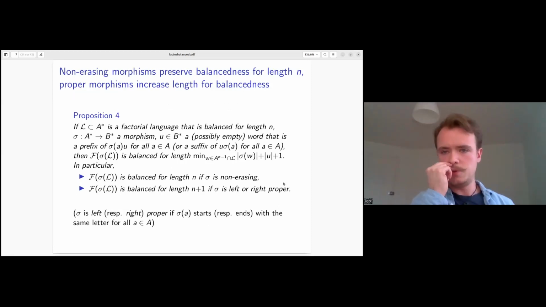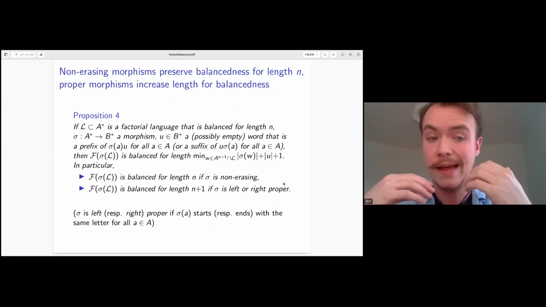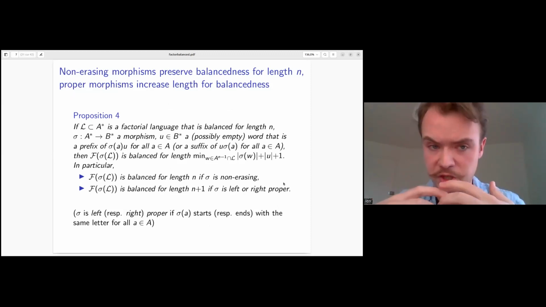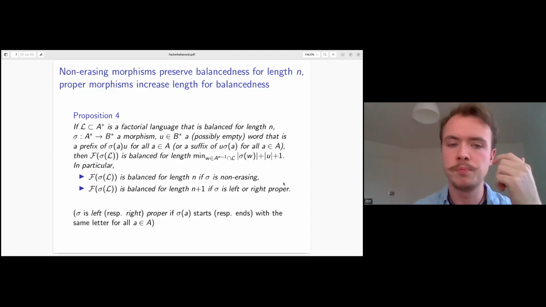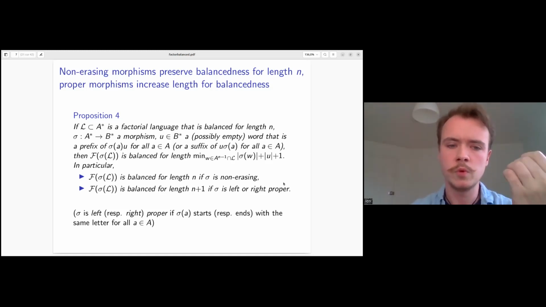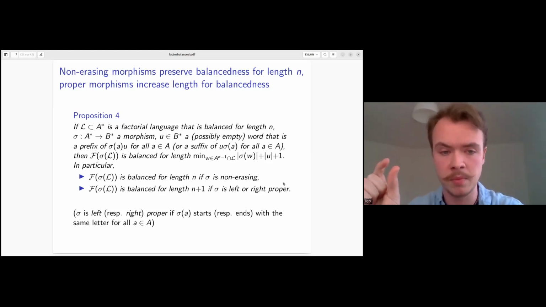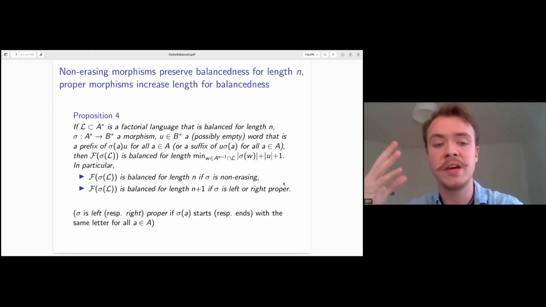Then to study the property for balancedness in length N, you need a stronger assumption over sigma. You need sigma to be what is called proper. And so the property is like, if you have a factorial language that is balanced for length N and sigma a morphism, and we say that more generally than only being proper, we can assume that there is a certain factor U that is the same, for example, the same prefix of any images of any letter.